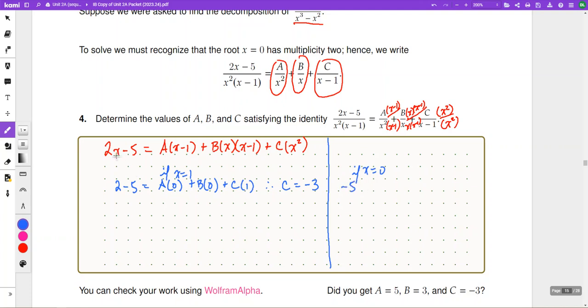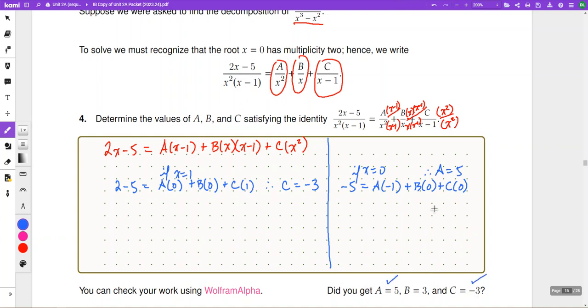Because 2 times 0 is 0. So negative 5 being equal to a times negative 1 plus b times 0 plus c times 0. So that means then that a must equal 5. And so we see, hey, we got c is negative 3 and a is equal to 5.